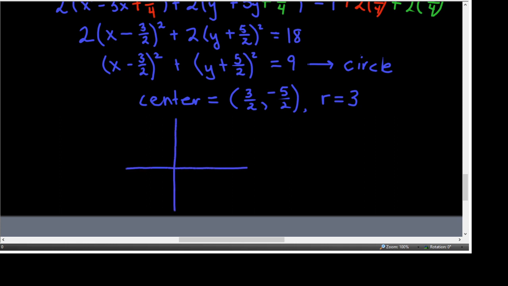Of course, with the fractions there, it makes it a little bit more challenging to graph. So I'm hoping we don't have a whole lot of those with fractional things like that. It's not very much fun. See? 3 halves is 1.5, so that's what I'm keeping in mind. And then negative 5 halves is negative 2.5.